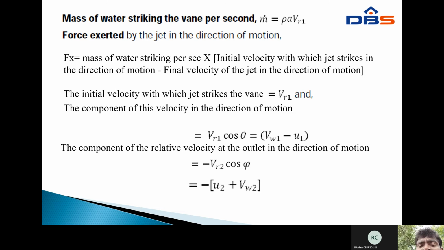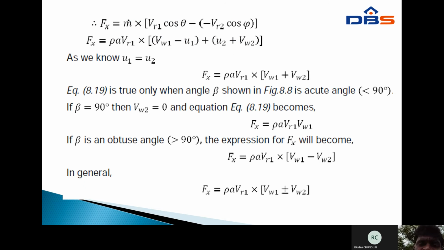Next, Vr2 cos phi equals u2 plus Vw2. These values are in the diagram. The component of the relative velocity at the outlet in the direction of motion is minus Vr2 cos phi, that is minus u2 plus Vw2. Next, F of x equals m into Vr1 cos theta minus minus Vr2 cos phi.